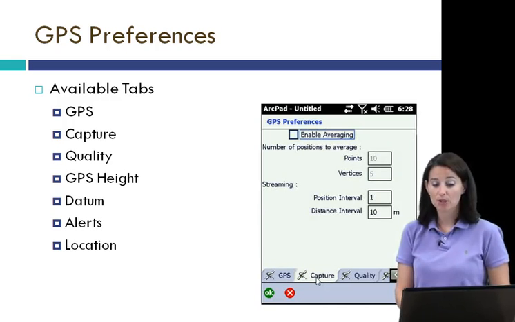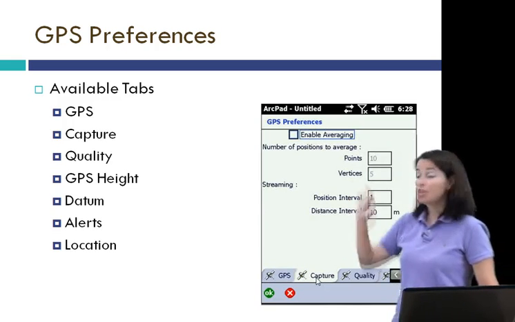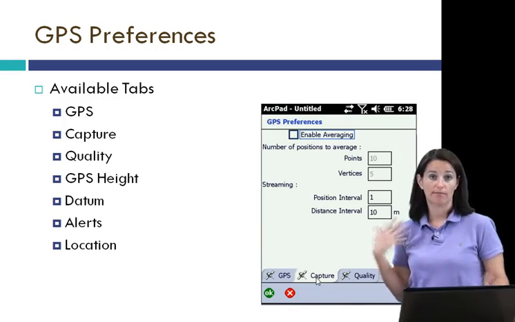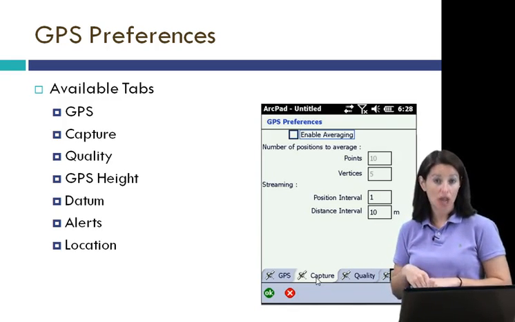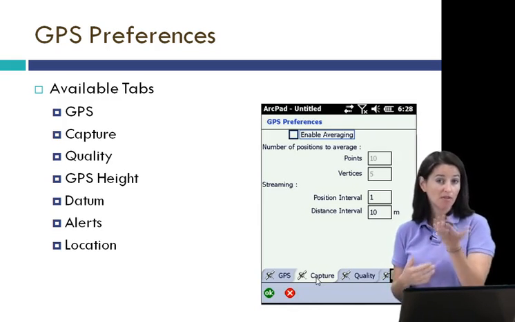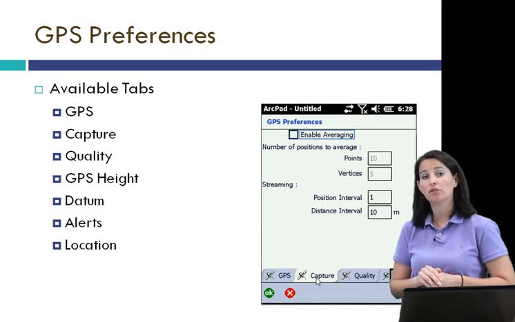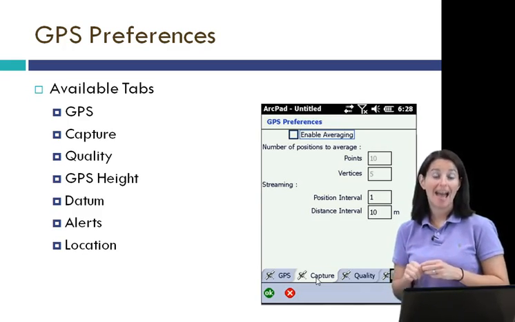So on the Capture tab, GPS, Enable Averaging. By default, this is unchecked. What that means is if I go out in the field and I'm collecting a point, it's only going to grab one position for each point. What I want to do is turn on averaging.